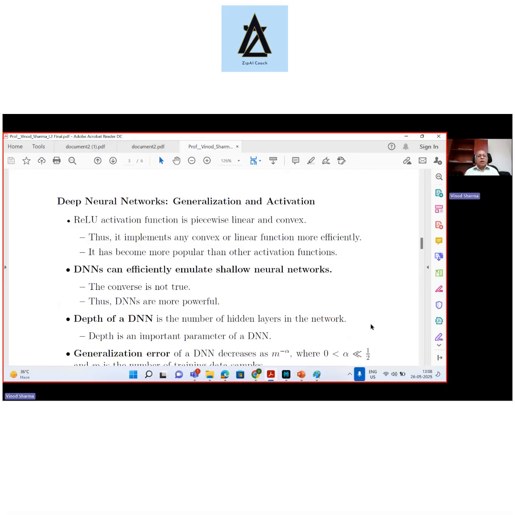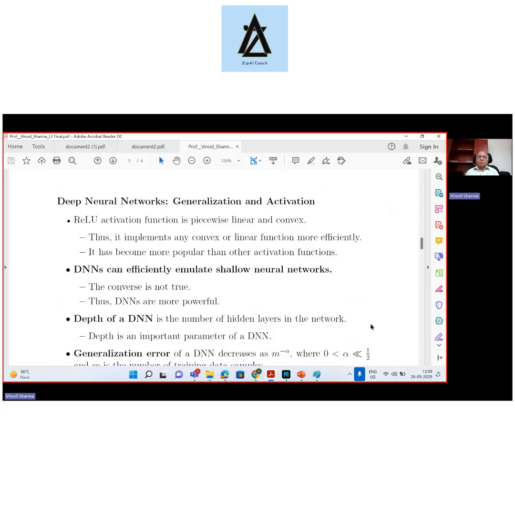We make some further comments on deep neural networks. So we mentioned several activation functions that we gave in the last class. Those are among the popular ones. But now ReLU or leaky ReLU have become more popular. One of the reasons is that ReLU as well as leaky ReLU is piecewise linear and convex as compared to other functions that we said. Therefore, it can implement any convex or linear function more efficiently than the other activation functions that we studied.